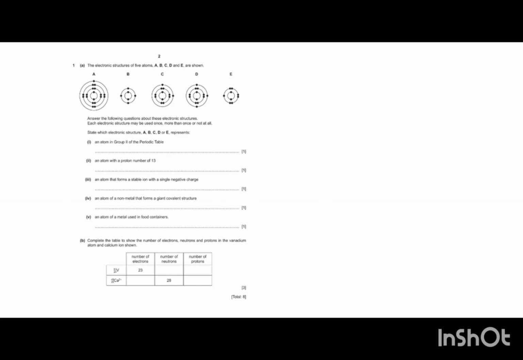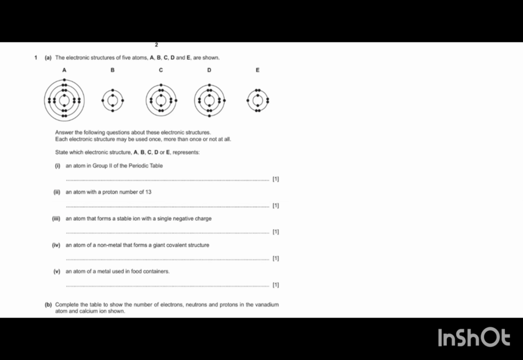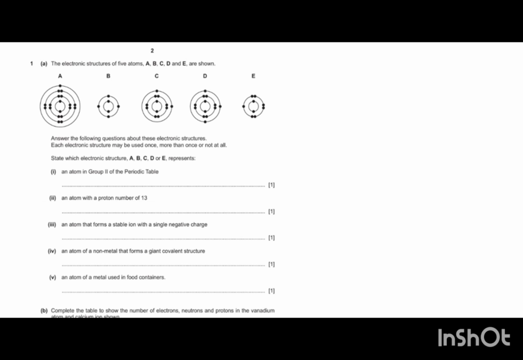As you can see, let me zoom out a little bit. Now here is the first question on the theory aspect. We can see the electronic structure of A, B, C, and D. This is what we call the electronic orbital configuration of an atom. Electronic structure of 5 atoms A, B, C, D, and E, as shown in the diagram.